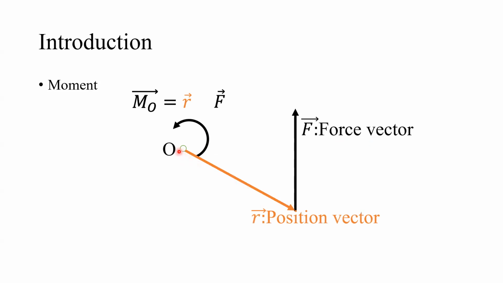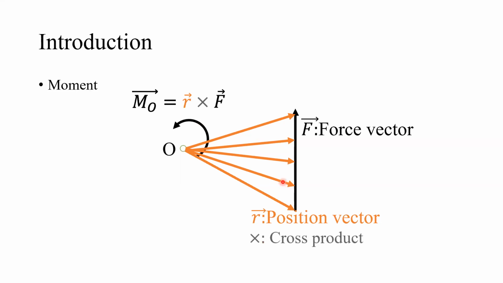That's why we need to define the direction of the position vector. The direction of the position vector is from the moment point to any point on the force. So we have infinite options. We can choose any option because we will get the same result.